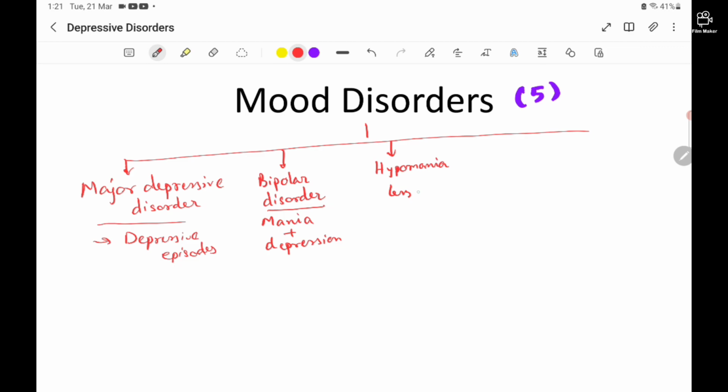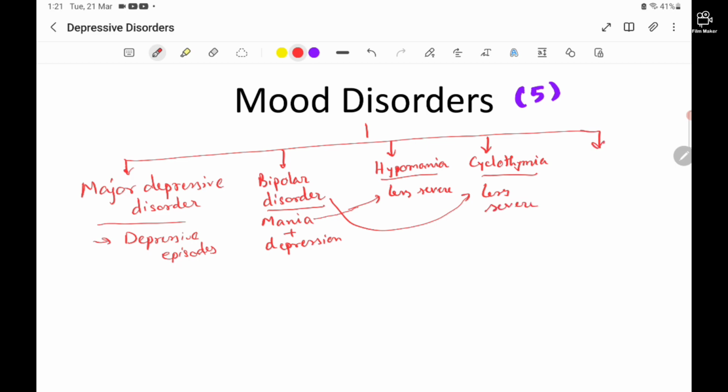Next, we have cyclothymia, which is again a type of bipolar disorder of lesser severity.